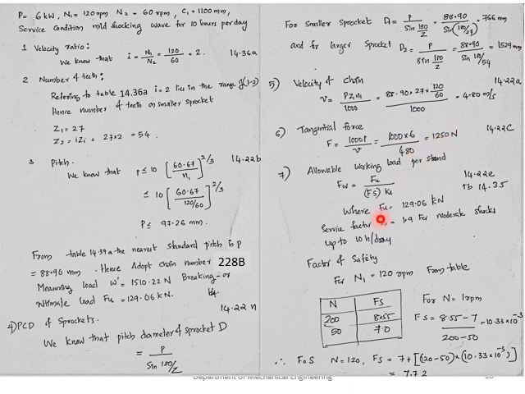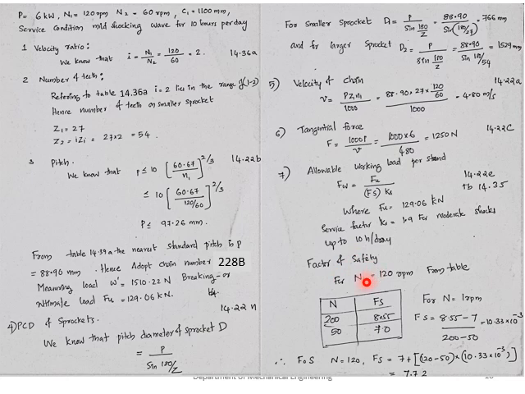Then the allowable working load per strand is Fw is equal to Fu by factor of safety into Ks, where Fu is 129.06 obtained here, and the service factor Ks for nearest shocks up to 10 hours per day we will obtain from a table.